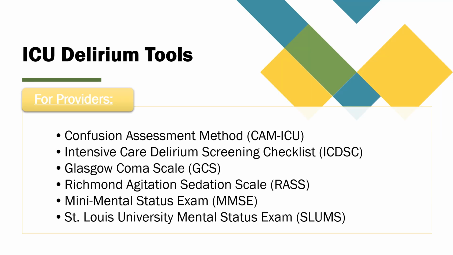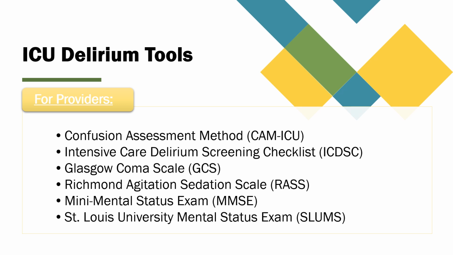So here are some common ICU delirium tools for providers. The most commonly used one is the Confusion Assessment Method for ICU, also known as the CAM-ICU. That is administered pretty frequently by doctors and nurses, and can also be used by OTs or anyone. It is a way to determine if the patient can consistently follow commands.